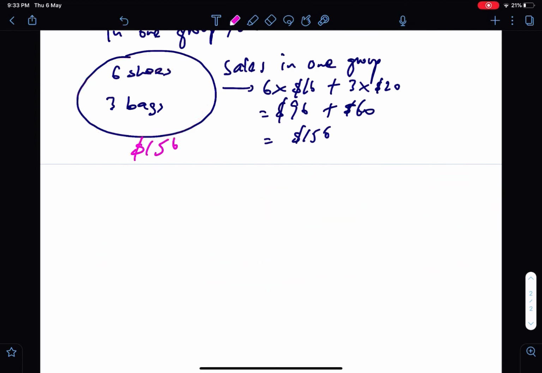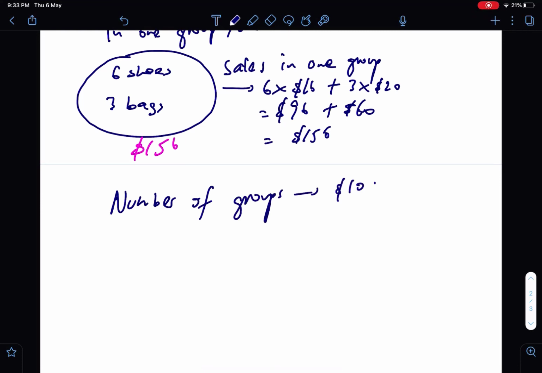Next step, we find the number of groups. This will be 1092 divided by 156. Seven groups.